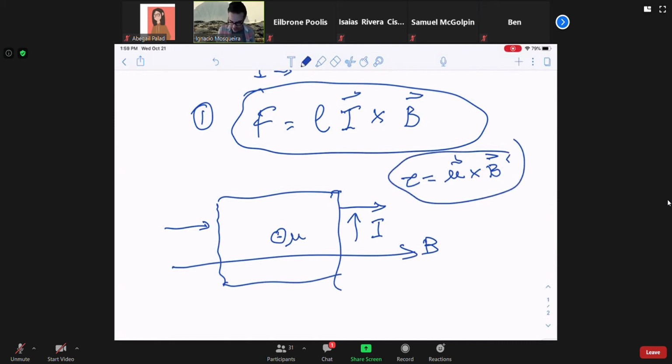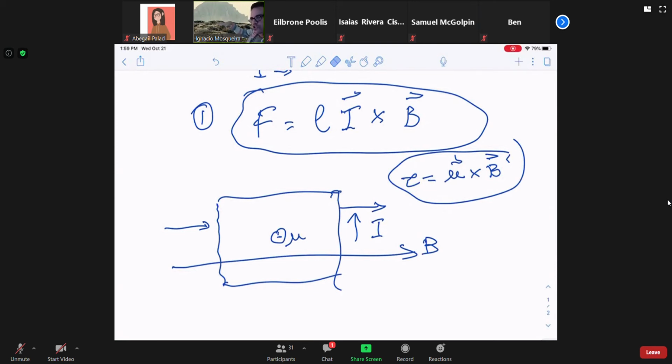So again, this is a B field to the right. How would I do the force then? I get the I, and hopefully my hand is not disappearing. I guess if I keep it close enough, it won't disappear. So I do the I going up, B field to the right, and now my thumb points into the computer screen.